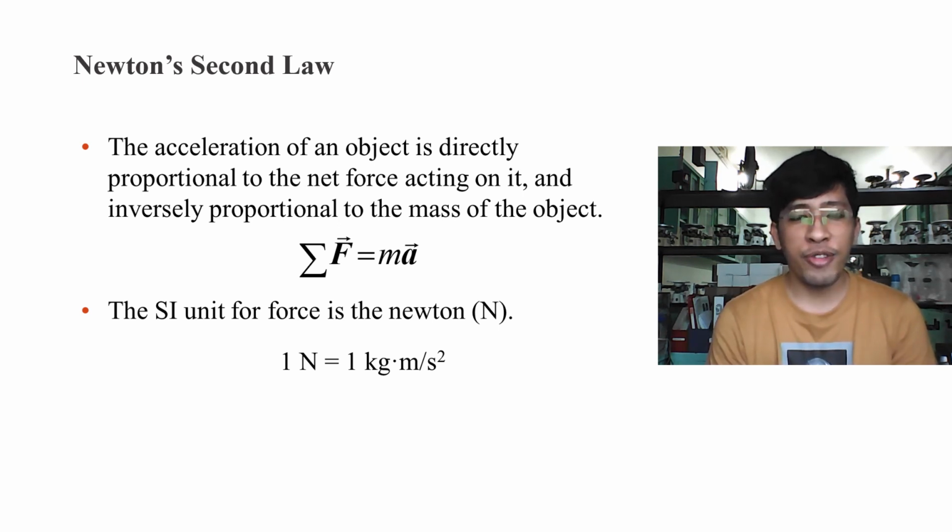The SI unit for force is the newton. Mass has a unit of kilogram, and acceleration has a unit of meter per second squared. So 1 newton is equal to 1 kilogram times meter per second squared.